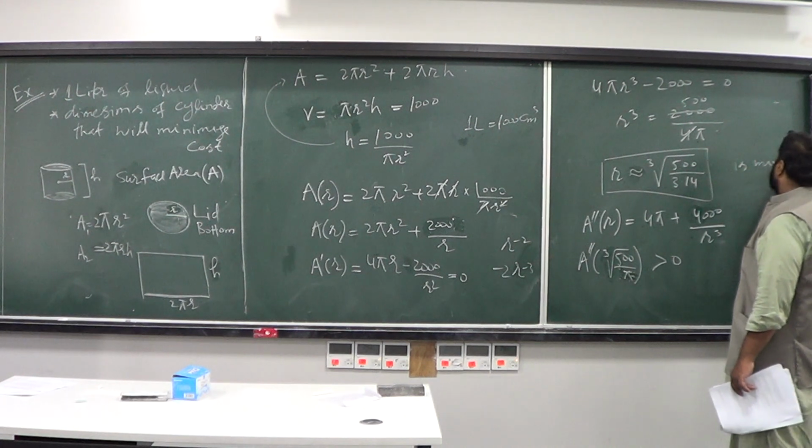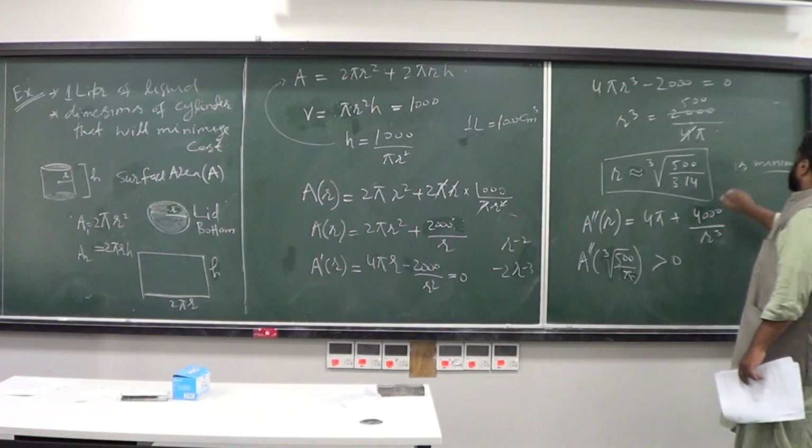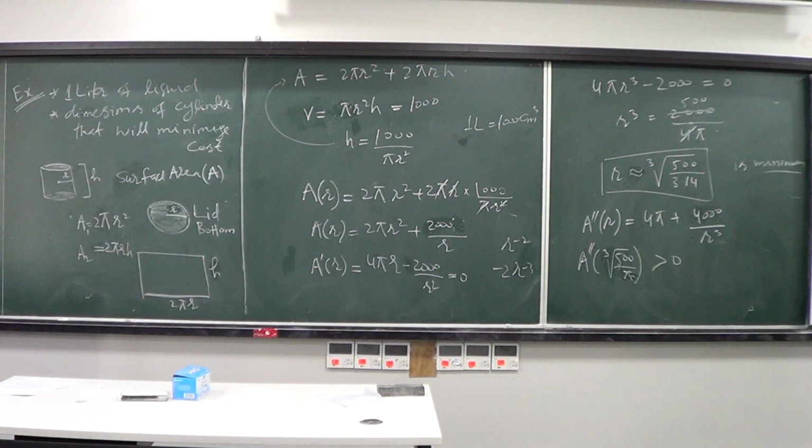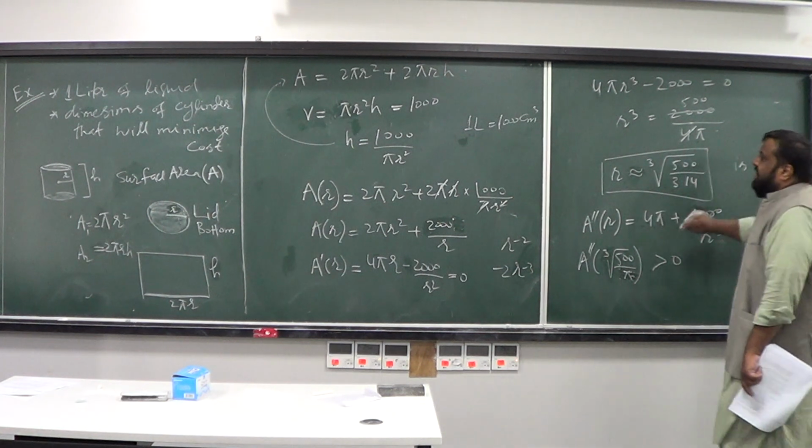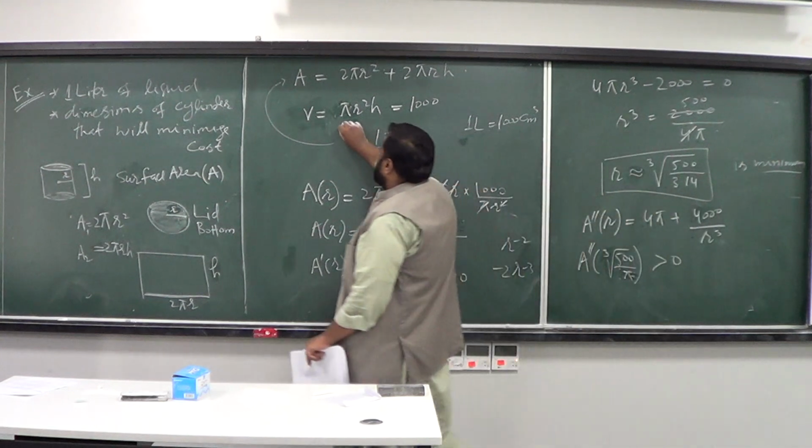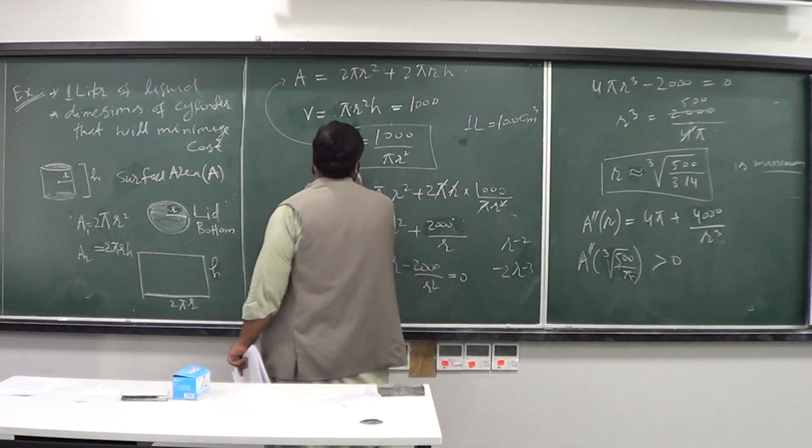In other words, if you choose this radius, you should have a minimum surface area. So what we can do next is take this r, substitute it here, and get the value of h.